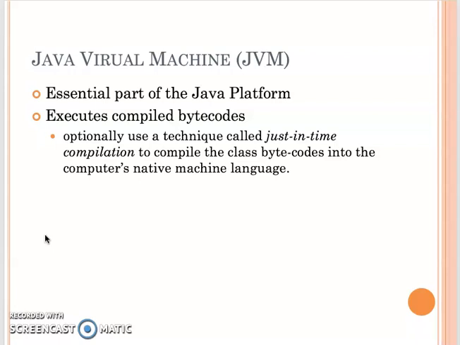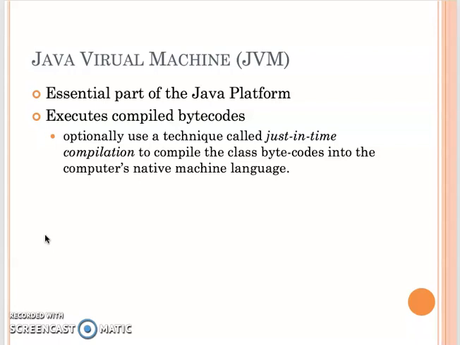Not sure how many of you already took the Java class, but have you ever heard that Java is platform independent? That means when you have a Java source file, after you compile, you just need to deliver your bytecode file. It should be able to run on different operating systems.